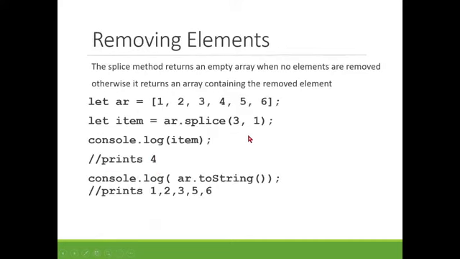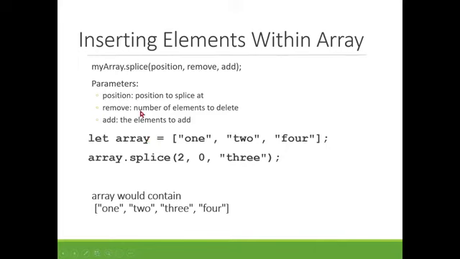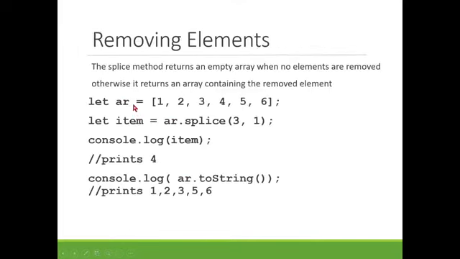Now let's use this to remove an item. Let's just remove one instead of trying to add and remove at the same time. If we have this array, just keep in mind for these examples, it's hard to have good names, but you generally shouldn't have variables called AR or ARR or array. Give them a descriptive name depending on the situation. Sorry.